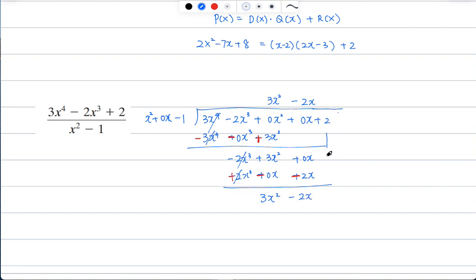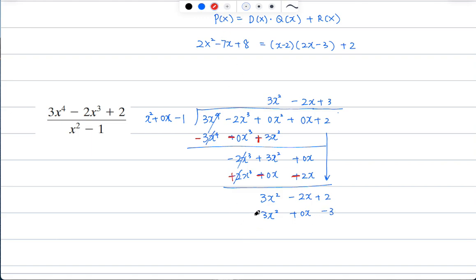And then next 0 comes down, and not 0, the constant value 2 comes down. Then 3x squared divided by x squared is plus 3. Then 3x squared plus 0x minus 3.